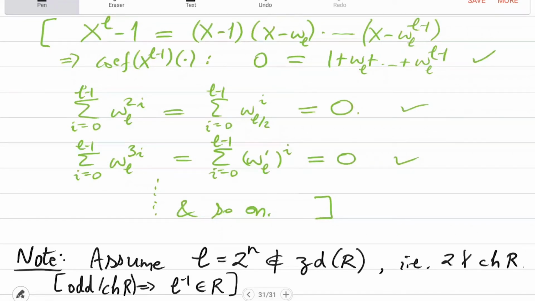So 2 raised to n is not a zero divisor if and only if the characteristic is odd. And when the characteristic is odd, then L inverse will exist. Let us live with this. The characteristic can also be 0.